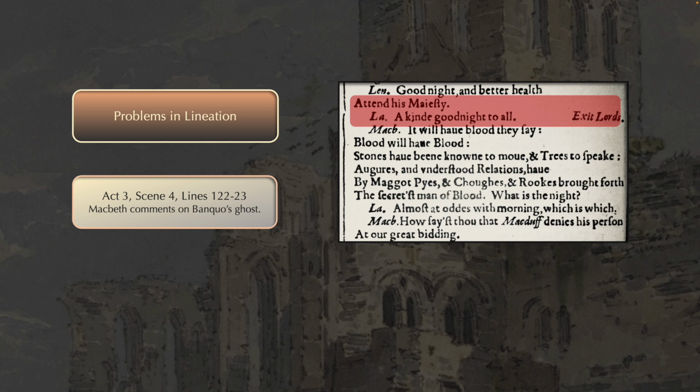And the reason for that is that the speech prefixes, you'll notice that the speech prefixes for Lady Macbeth and Macbeth are indented. All the speech prefixes in the play and the folio are indented like this, which creates a problem for the compositor.